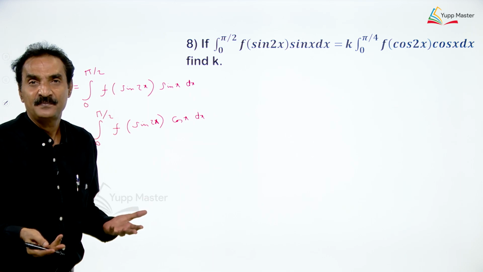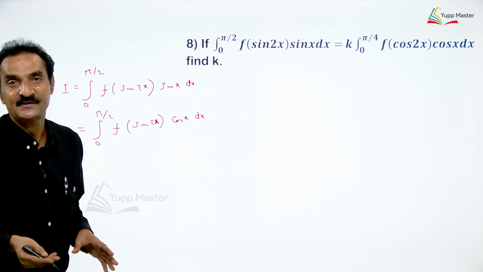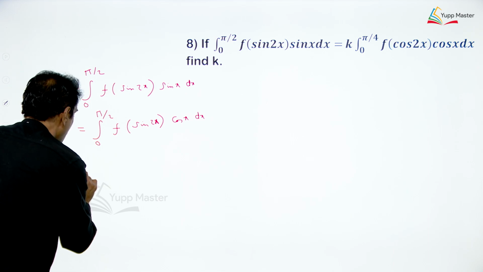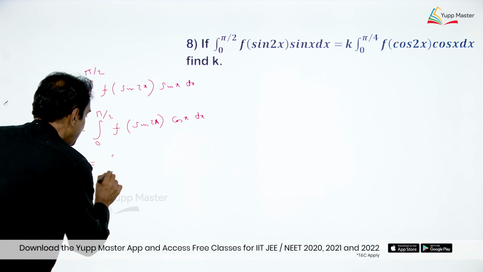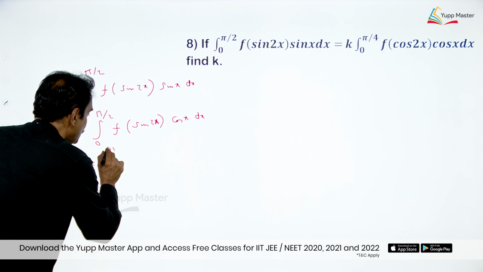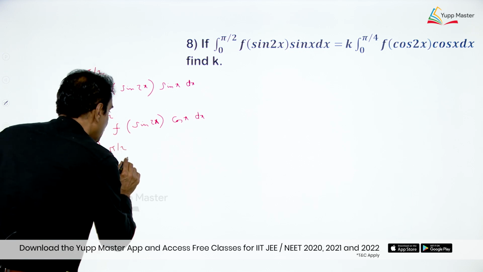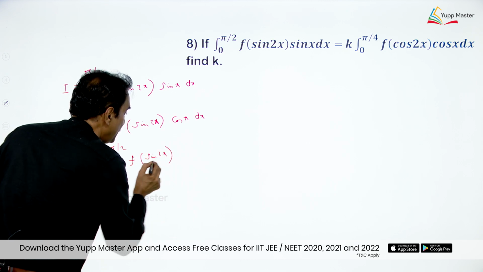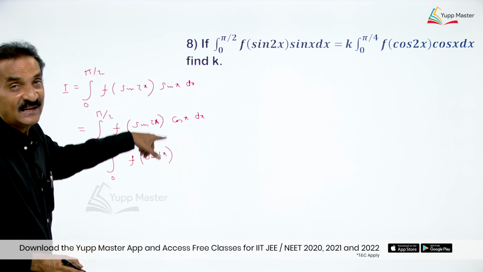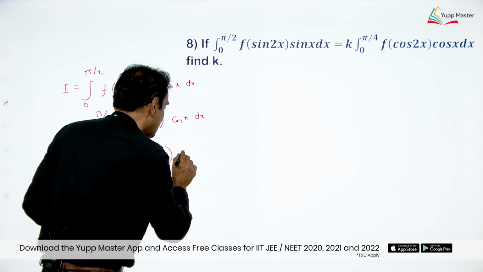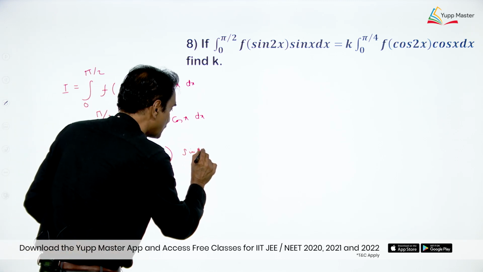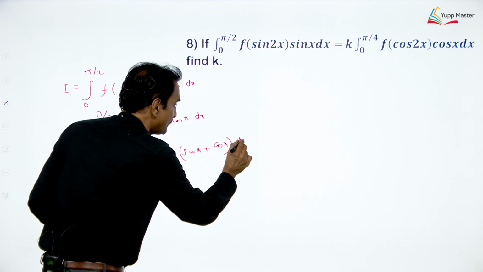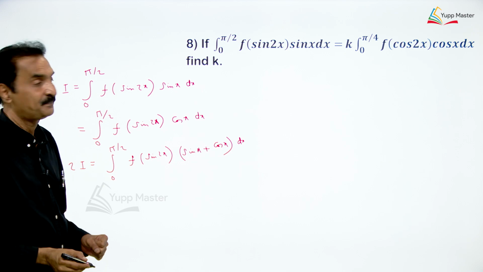What is the next step? We should add the two integrals. Adding the two integrals, you will get 2I is equal to integral 0 to pi by 2 f of sine 2x into, it is common, sin x plus cos x.